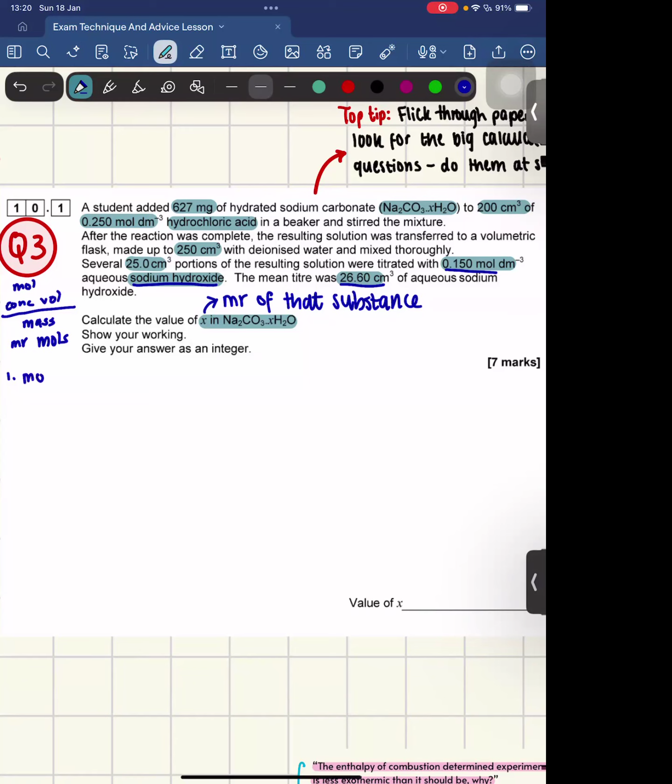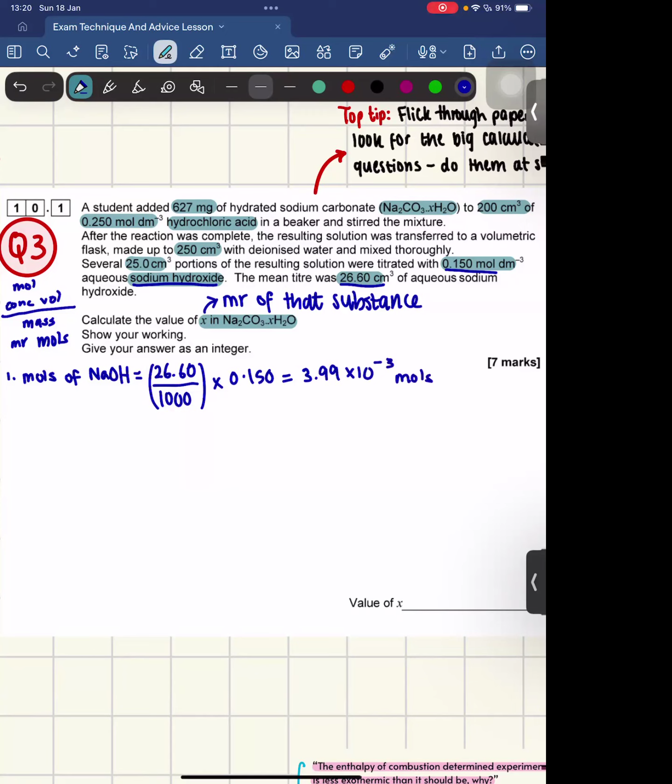So the moles of NaOH is just going to be the 26.60 divided by 1,000 to get it from cm³ to dm³, and I'm going to times it by the 0.15, which is our concentration. For that, you should get 3.99 times 10 to the minus 3.